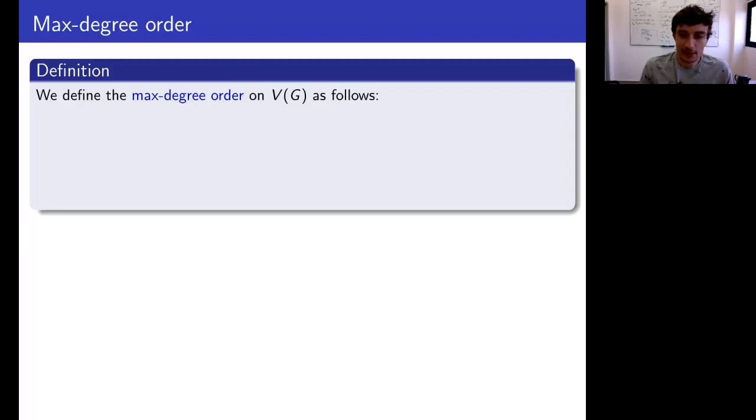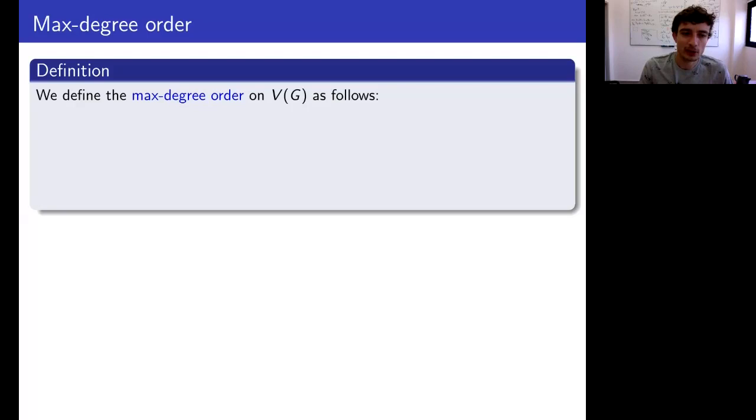The main idea, so the key idea that allows us to prove such a statement is to consider what I refer to as the max degree order of the vertices of a graph. So I hope that most of you are familiar with the degeneracy ordering of vertices of a graph, meaning we take a graph and we peel from it vertices with minimal degree always.